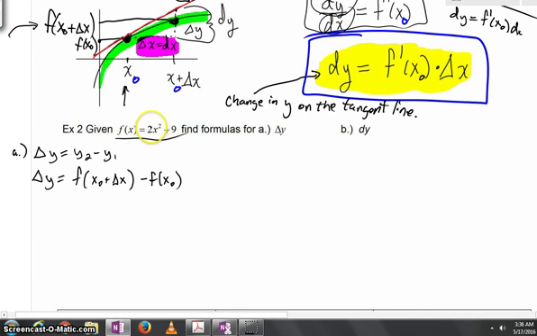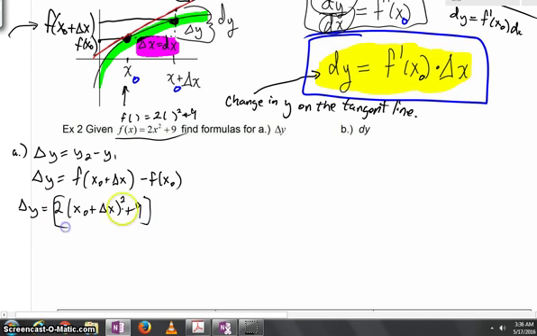Now remember that we have f of a blank is equal to 2 blank squared plus 9. And whatever we're putting into these spaces on the left, we put in on the right. With that in mind, we'll have 2 times (x naught plus delta x) squared plus 9.